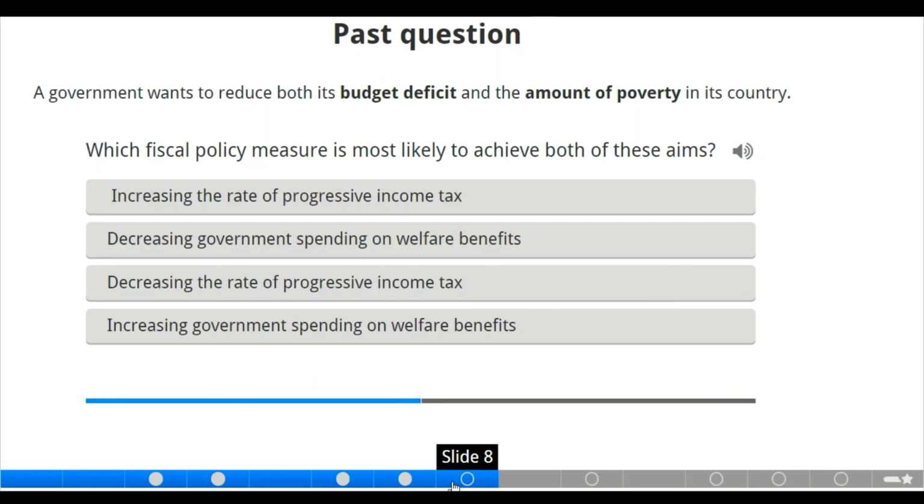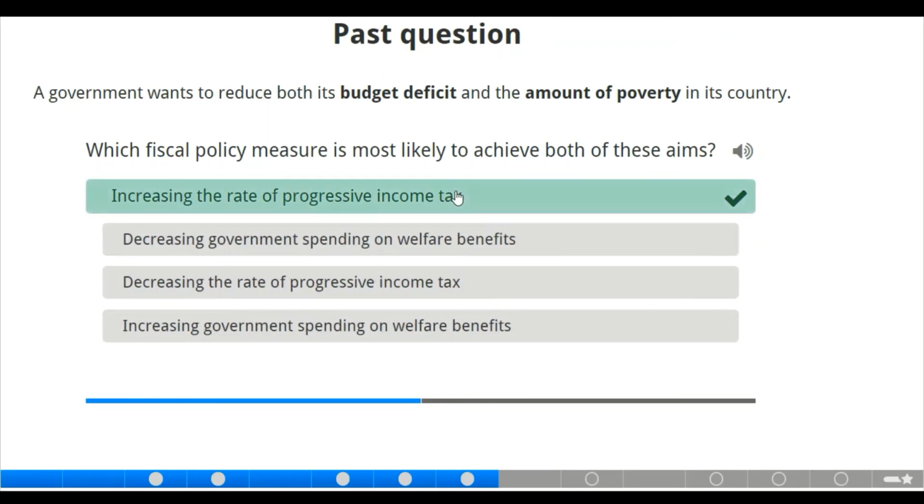Now, which fiscal policy measure is the most likely to achieve both aims, that is, the reduction in budget deficits and the amount of poverty? We have: increase the rate of progressive income tax, decrease government spending on welfare benefits, decrease the rate of progressive income tax, increase government spending on welfare benefits. Of course, it is to increase the rate of progressive income tax, that is, the tax that burdens the rich more than the poor.